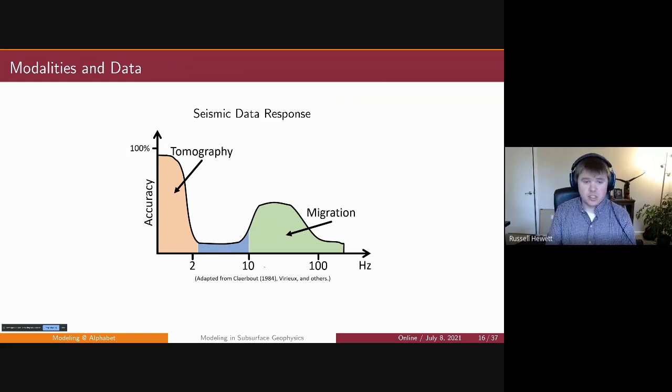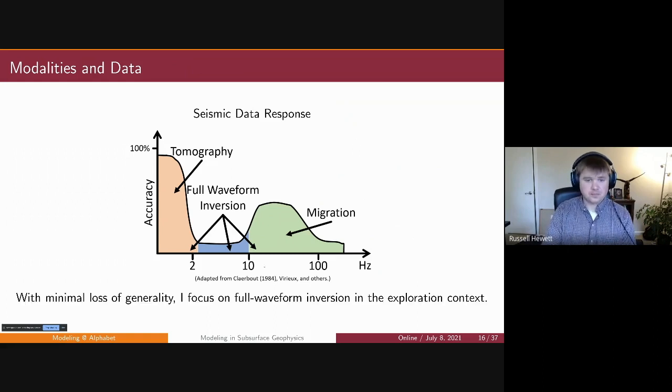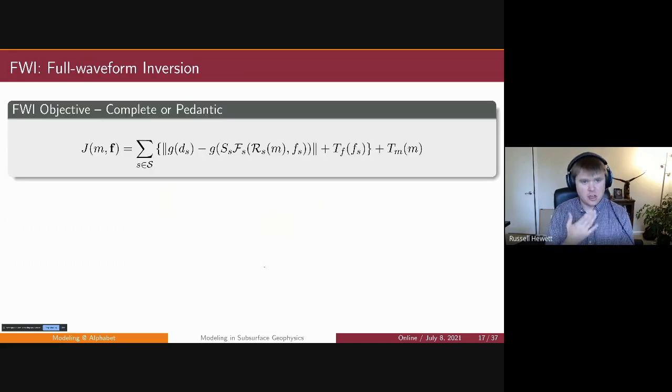The low frequency regime corresponds to tomography, the high frequency regime corresponds to migration or imaging, and inversion is really what we hope to use to cross that bridge. So with minimal loss of generality, I'm going to focus on full waveform inversion. I'm going to stick to the exploration context for the remainder of the talk.